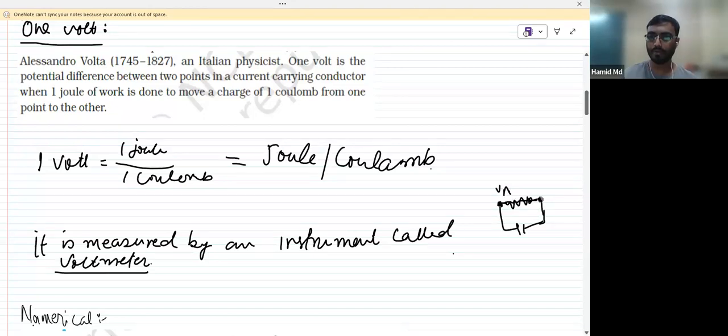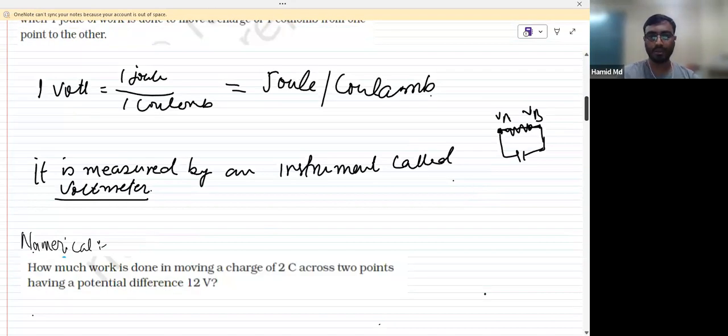If this is a bulb, there will be a potential drop between these two points. So we have to utilize the voltmeter across these points to measure the numerical value of the potential difference. We have all seen the voltmeter in our daily life, in any electrical instrument.